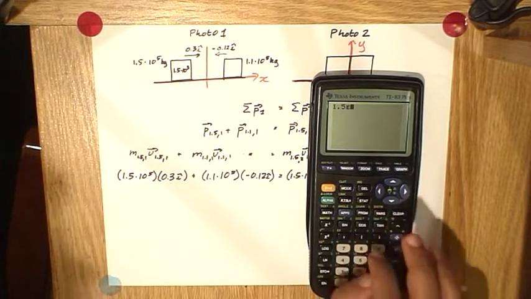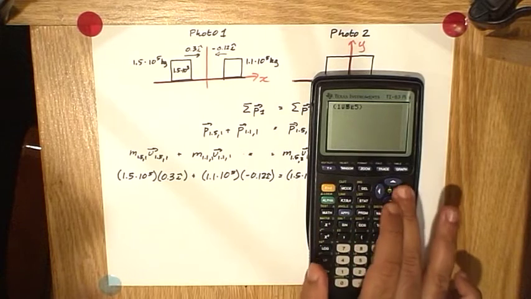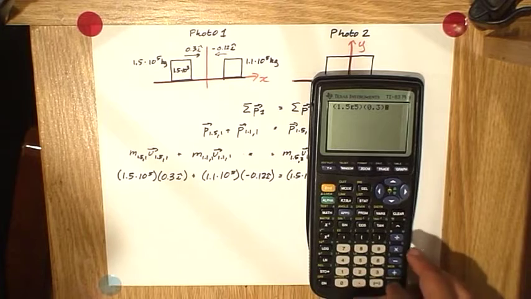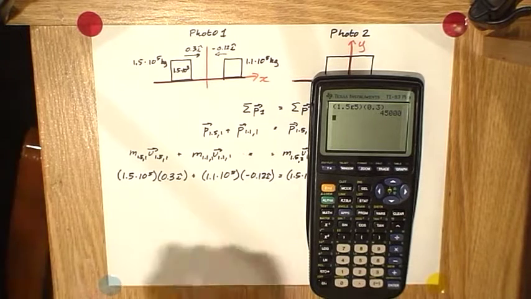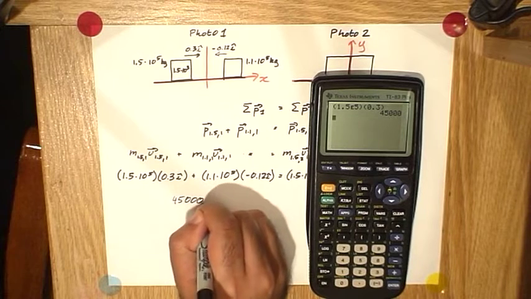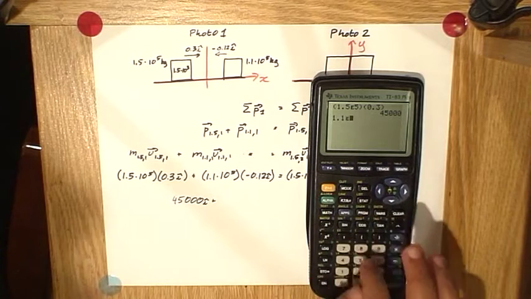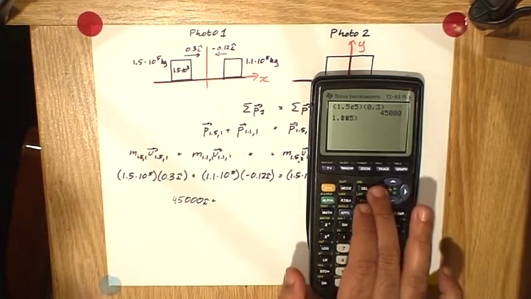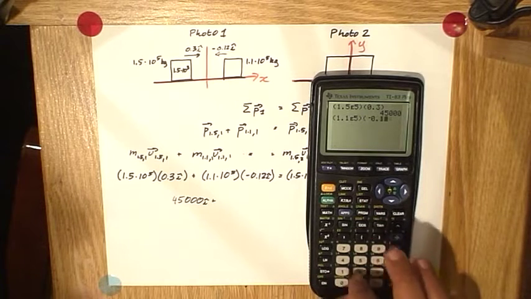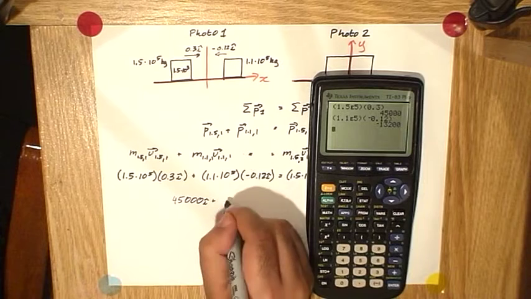1.5 times 10 to the power of 5 times 0.3 gives us 45,000. 1.1 times 10 to the power of 5 multiplied by negative 0.12 gives us negative 13,200.